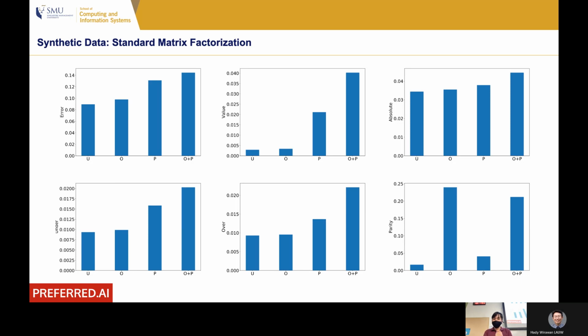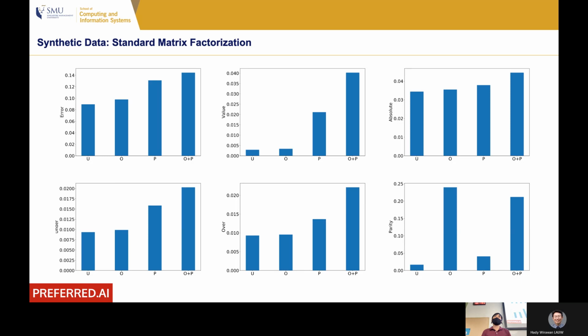For all the metrics that we showed there, except the last one, the non-parity one, there's a strict order of unfairness. The uniform data is the most fair, the biased observation is the next most fair, whereas the biased population is worse than the biased observation. And both biases combined have the most unfair recommendation.